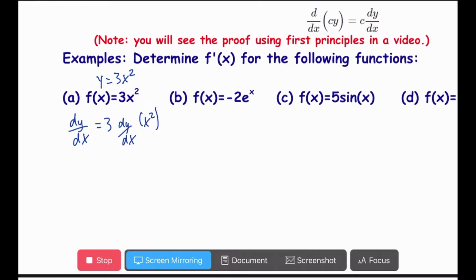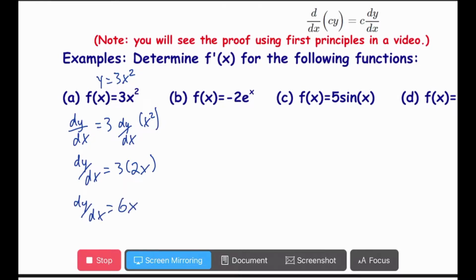The constant gets pulled out front, and then I'm finding the derivative of the rest of my expression. Let's use our power rule: bring that 2 down, x to the power of 1, which is just x. Now I can simplify. dy/dx is equal to 6x.